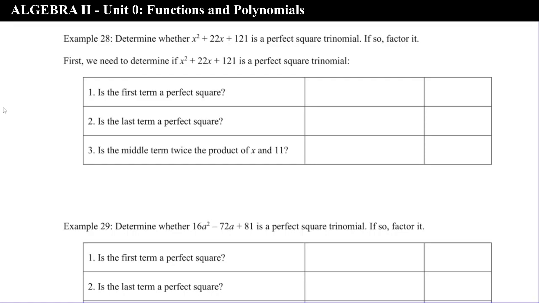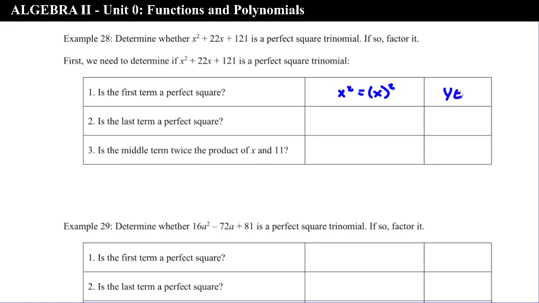And if so, we will factor it. All right, well, first of all, is the first term a perfect square? Well, x squared is x squared. I know it sounds a little funny to say it that way, but the variable x, if you square it, you get x squared. So yes, it is a perfect square.